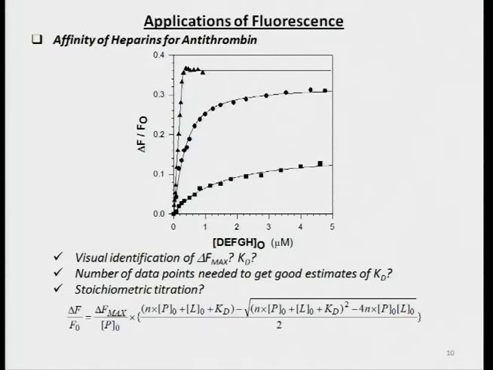So what we are measuring here is the increase in intensity of tryptophan fluorescence, and antithrombin has 4 tryptophans. Of course, we know what their contributions are, but for most purposes this corresponds to an increase in fluorescence arising from antithrombin, and this could be arising from binding. When the conditions change, you can see that the fluorescence changes.